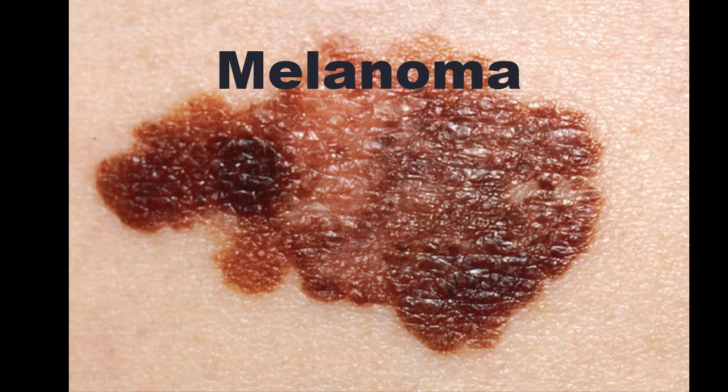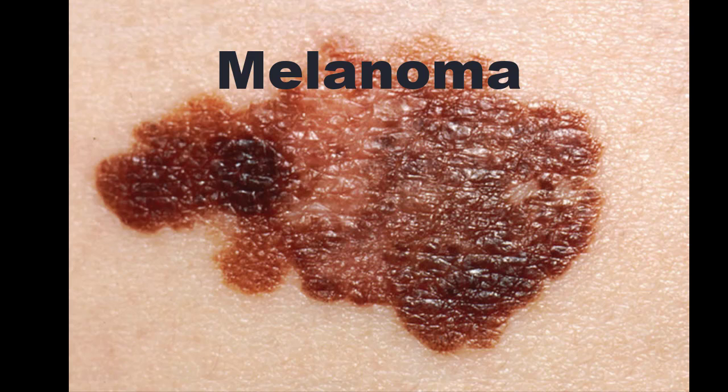Another type of cancer of the integumentary system is melanoma. A melanoma is a cancer characterized by the uncontrolled growth of melanocytes, which are the pigment-producing cells in the epidermis. Typically, melanoma develops in a mole. It is the most fatal of all skin cancers, as it is highly metastatic and can be difficult to detect before it has spread to other organs.